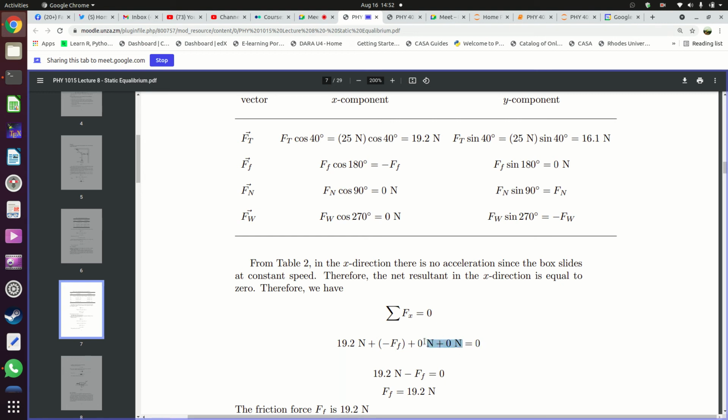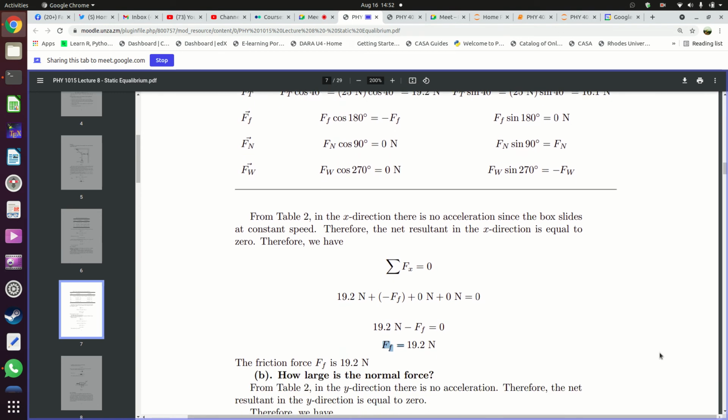So the 0s give you 0. So basically what we have here is 19.2 newtons minus F equals 0. So we end up having the friction force equal to 19.2 newtons. That's how we get our friction force. So our friction force in this particular case is 19.2 newtons, by applying this first condition of equilibrium.